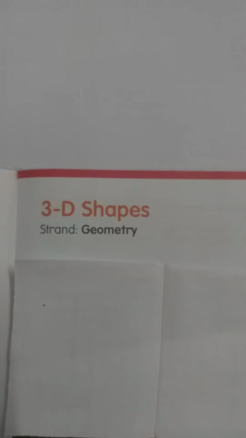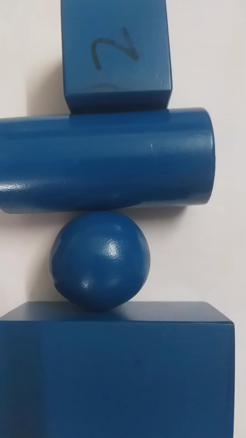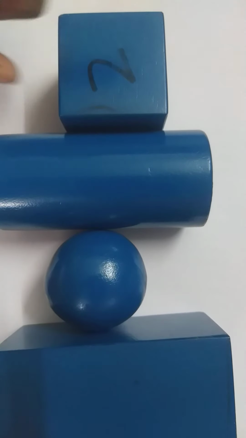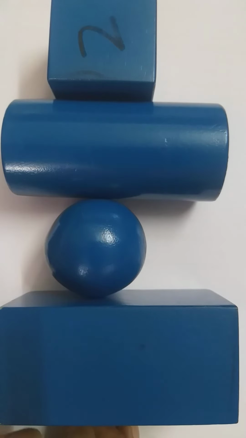Now students, you are clear with 2D shapes and 3D shapes. Now we learn about our 3D shapes. These are 3D shapes. This one is a cube, cylinder, sphere and cuboid.